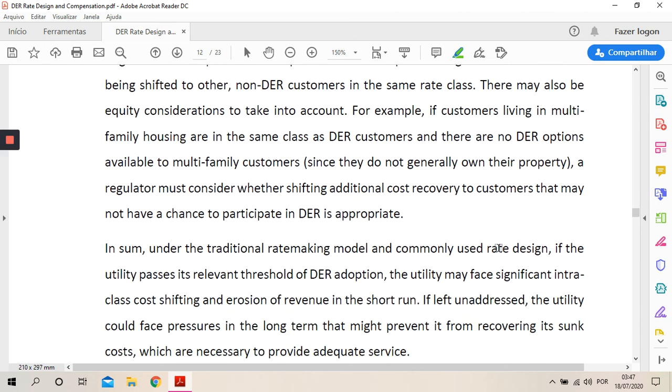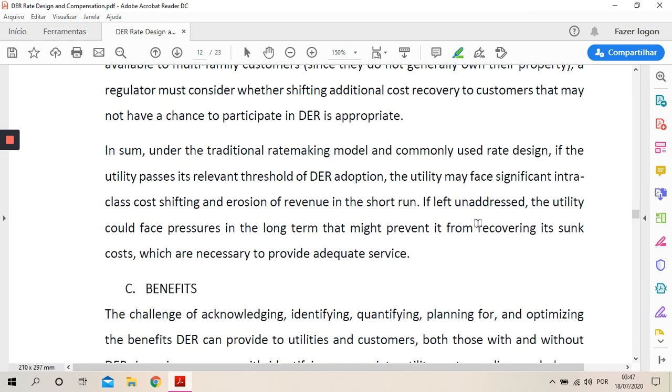For example, if customers living in multi-family housing are in the same class as the DER customers and there are no DER options available to multi-family customers since they do not generally own their property, a regulator must consider whether shifting additional cost recovery to customers that may not have a chance to participate in DER is appropriate.